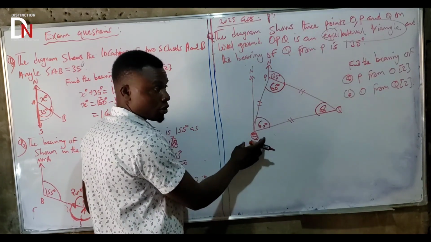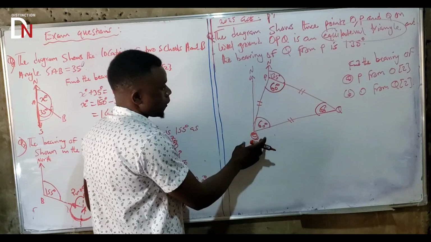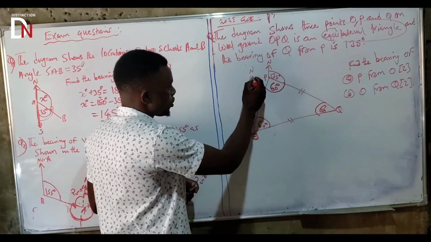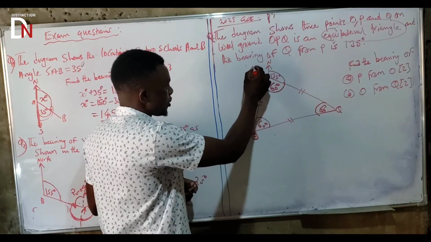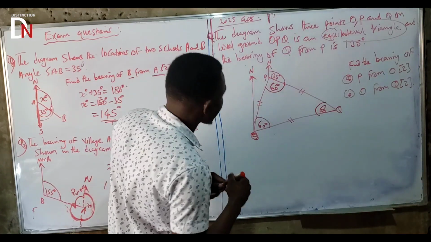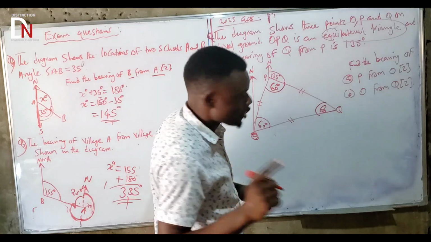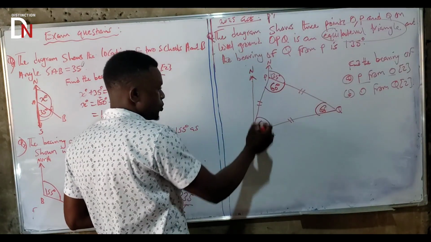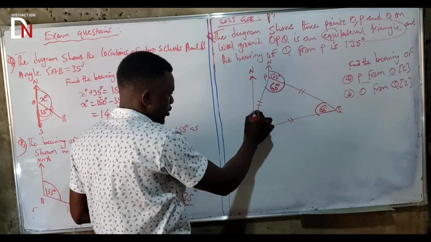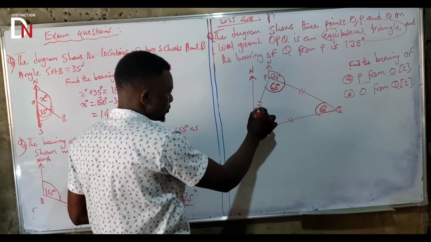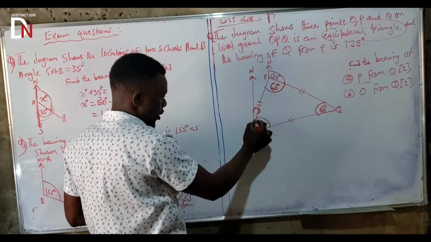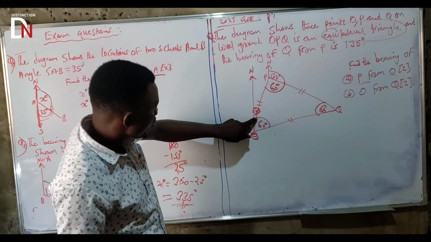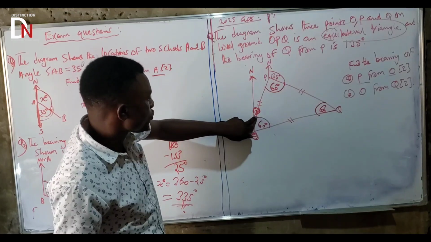We draw a north line at point O, which was already done for us. Then we move from O to P, like this, and we want to find this angle. I will name it x degrees.